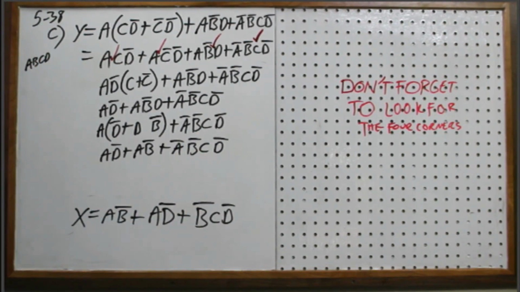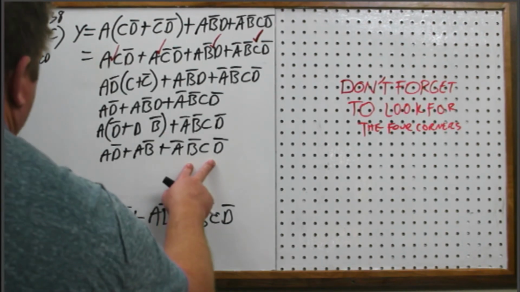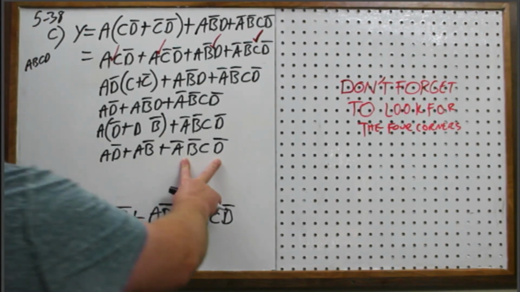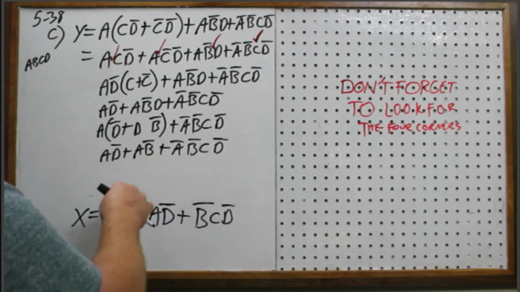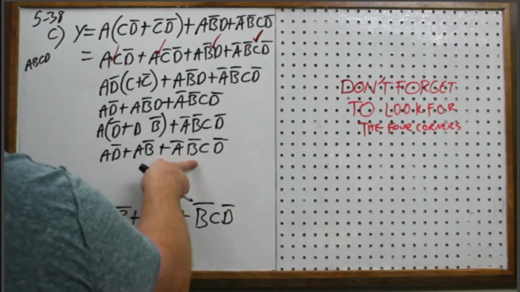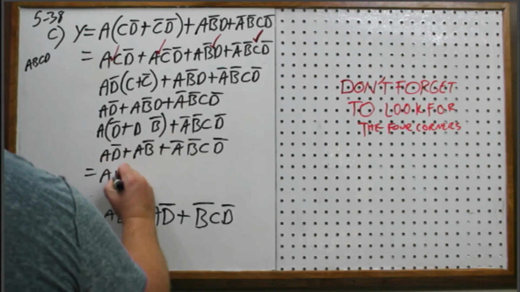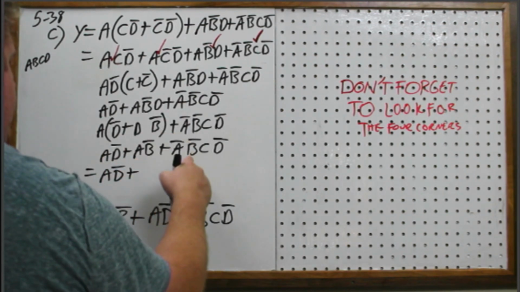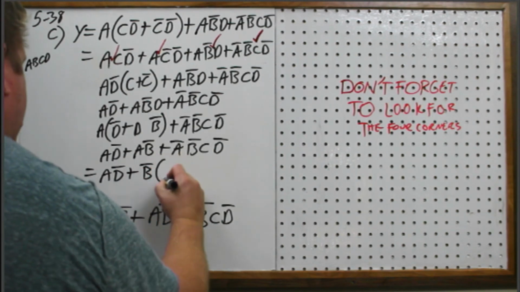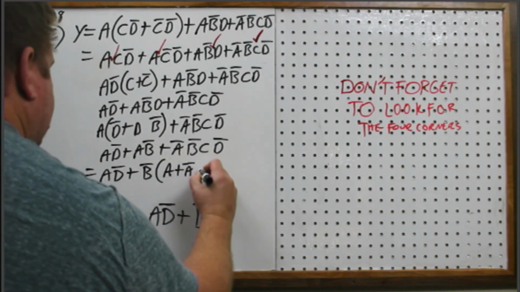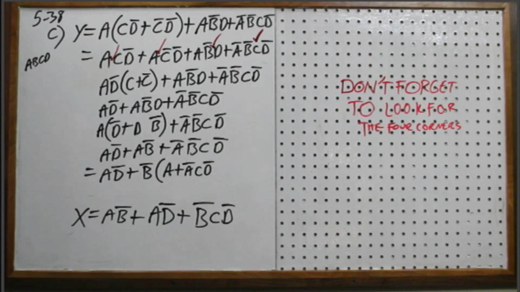Oh, that's confusing. All right, so I think I can do something with this term over here, and another rule 10, where if I pull the B naught out, that's going to leave this A. So finally, equals A D naught plus, pull the B naught out, I'm left with A plus A naught, C D naught.